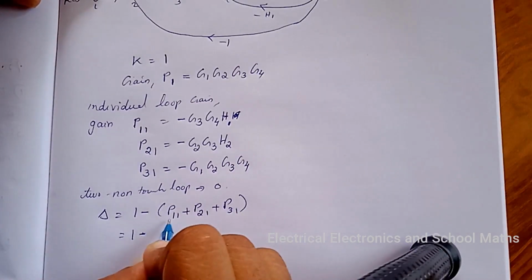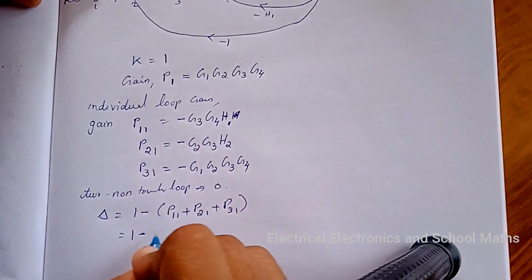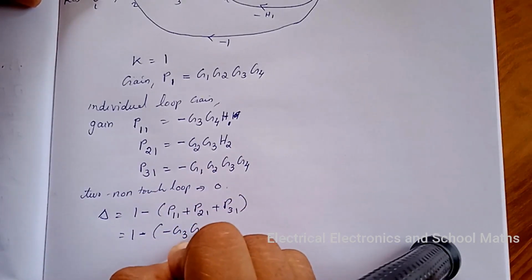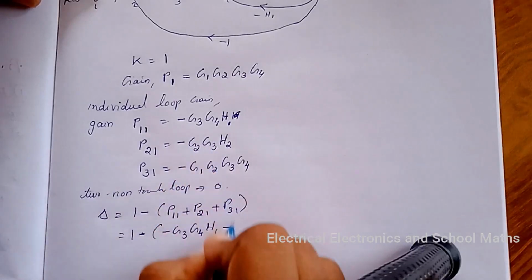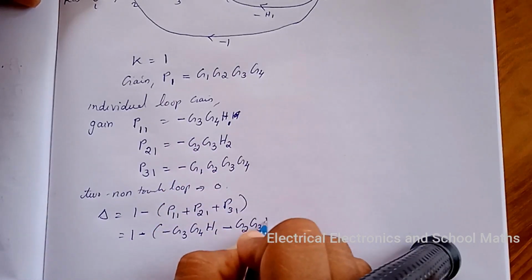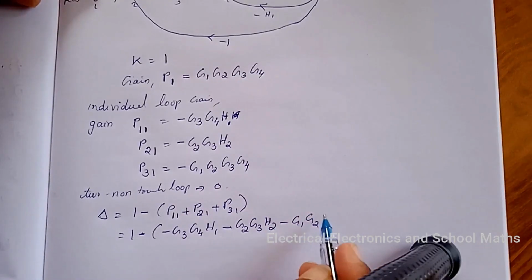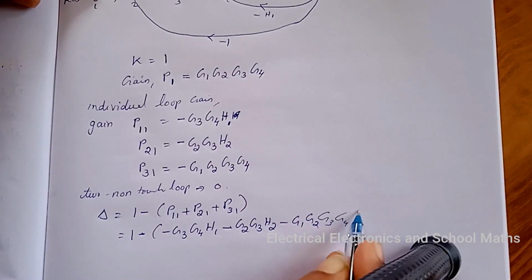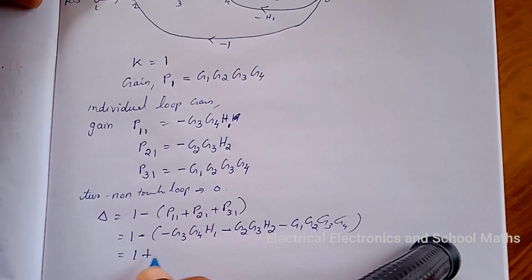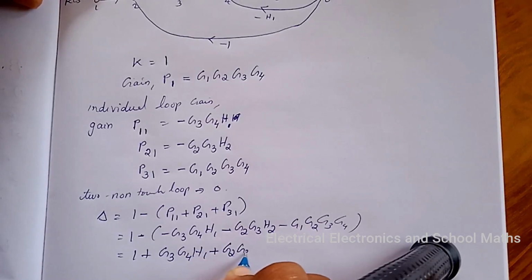So 1 minus P11 is minus G3 G4 H1, minus G2 G3 H2, then minus G1 G2 G3 G4, and that is equal to 1 plus G3 G4 H1 plus G2 G3 H2 plus G1 G2 G3 G4.